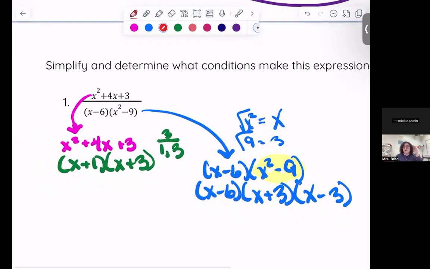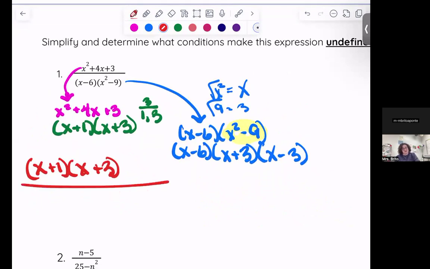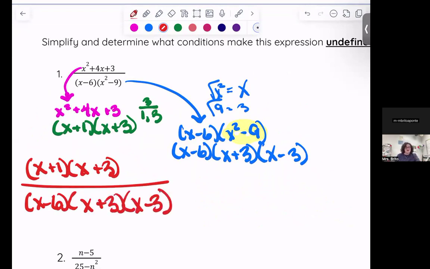So all we did so far was factor. I factored the numerator and I factored my denominator. Now I've got to put this back together. My numerator is x plus 1 times x plus 3. And my denominator is x minus 6 times x plus 3 times x minus 3. Now I'm simplifying.